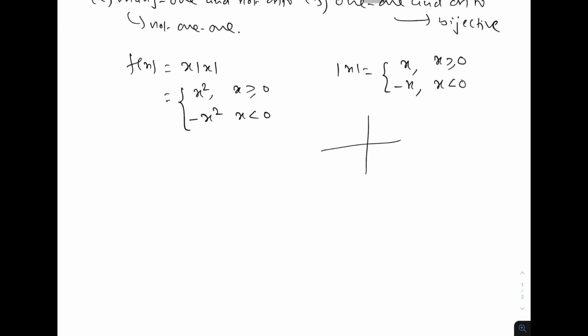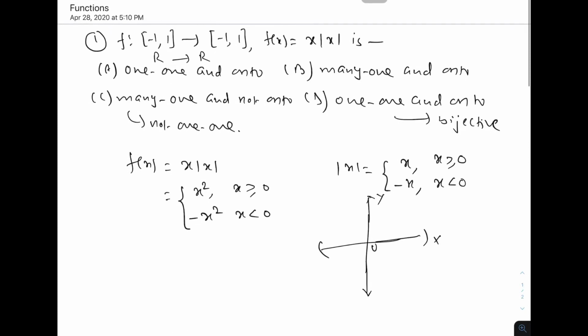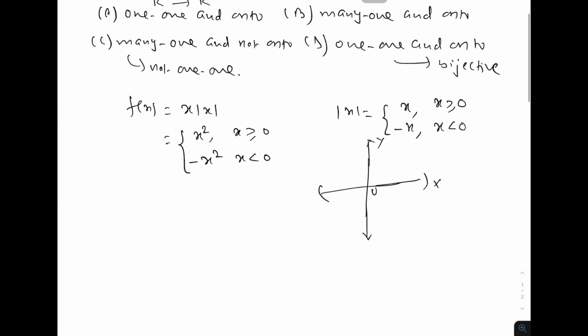Even if we draw the graph of this function, it looks like this. From 0 to infinity, here you are given minus 1 to 1, so you may even consider 0 to 1 also. The graph is like this, and it's a parabolic graph.